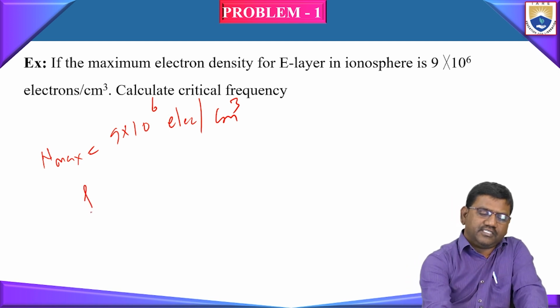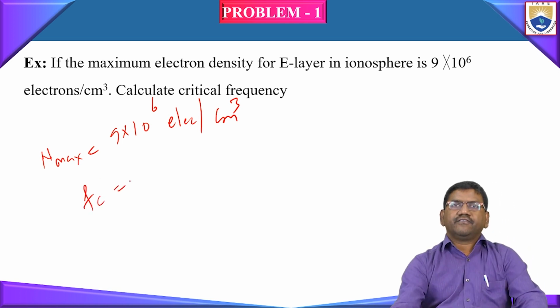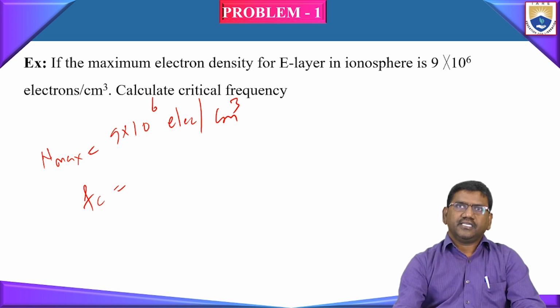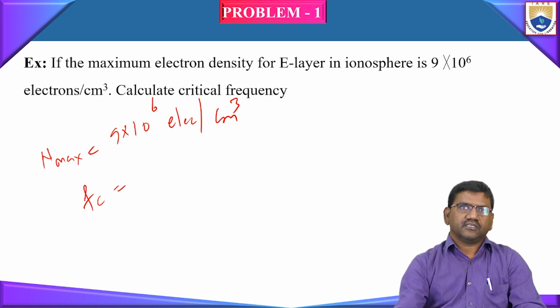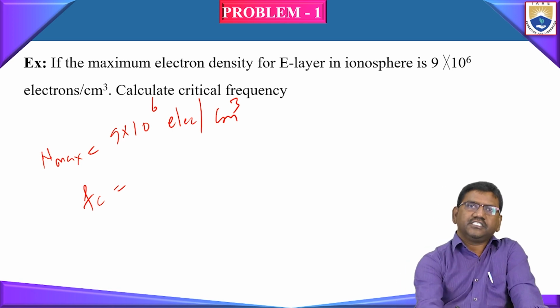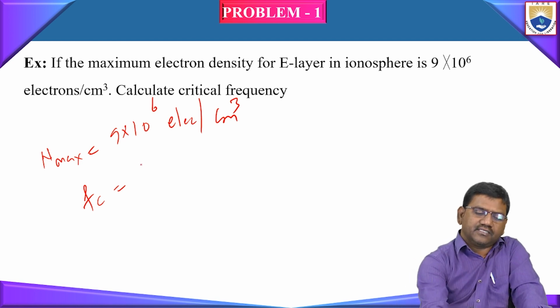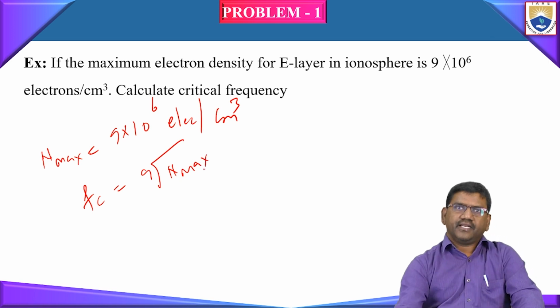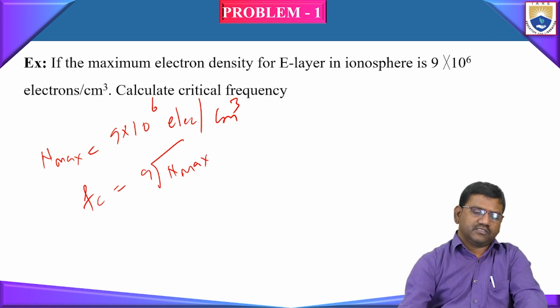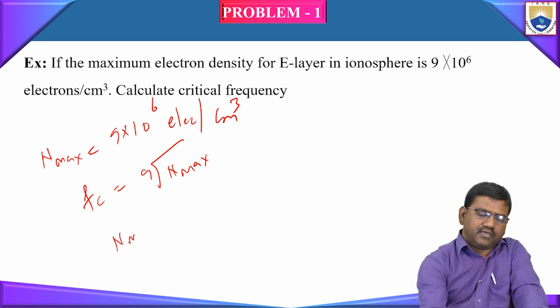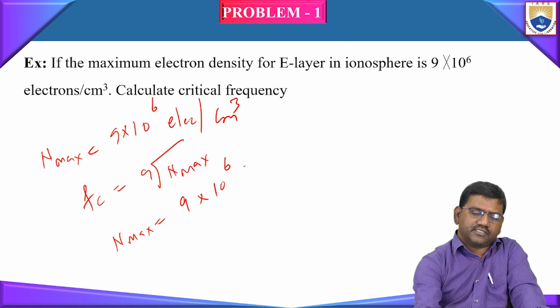We know that there is a relationship between the critical frequency and the ionization density or the electron density. The electron density and the ionization density both have the same meaning. The relationship is given as Fc equal to 9 root N max. N max is given as 9 into 10 power 6 electrons per centimeter cubed.